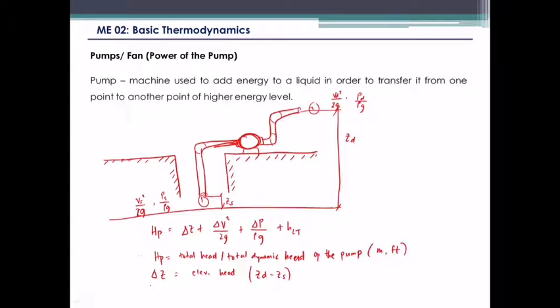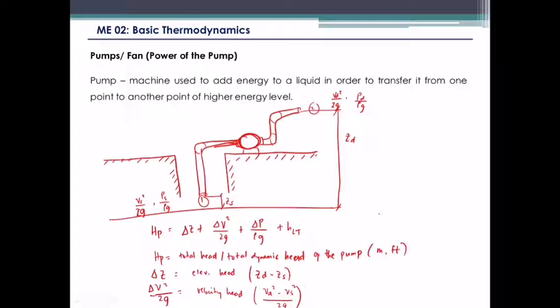And then delta V squared over 2G. This is the velocity head. So it's basically the velocity at the discharge squared minus the velocity at the suction squared over 2G.